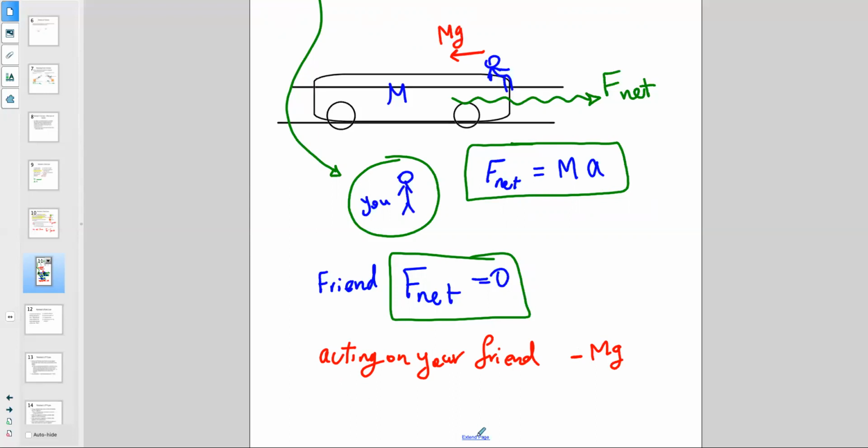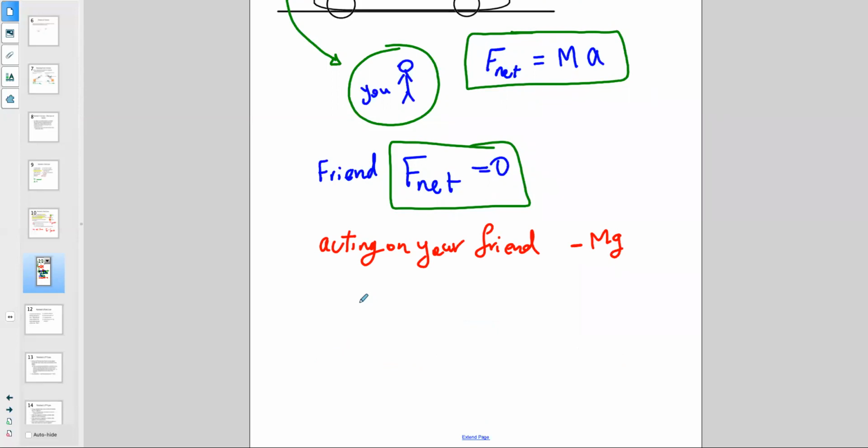And if, at that point, you want to write Newton's second law, then F net minus mg for your friend is 0, and then F net equals mg.